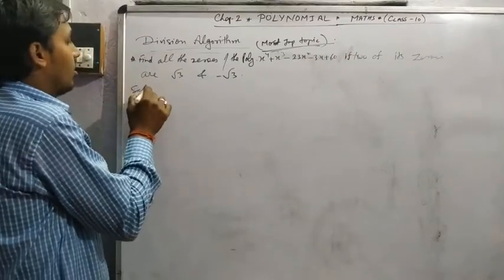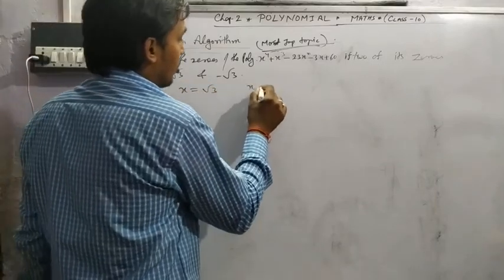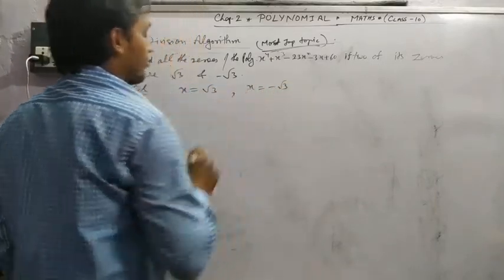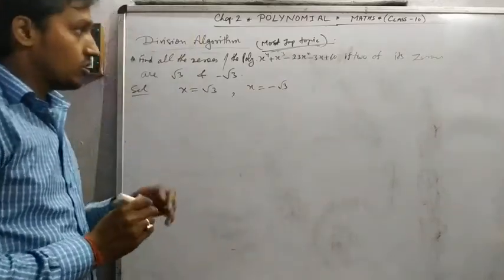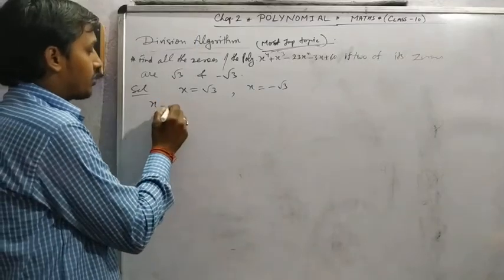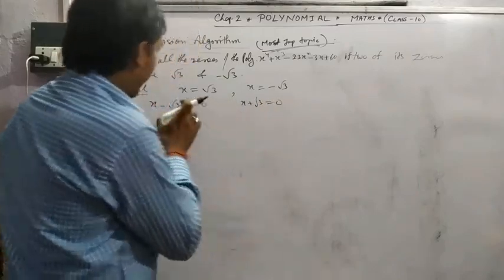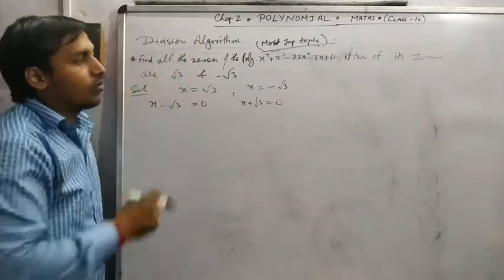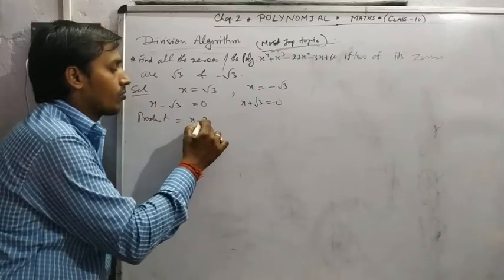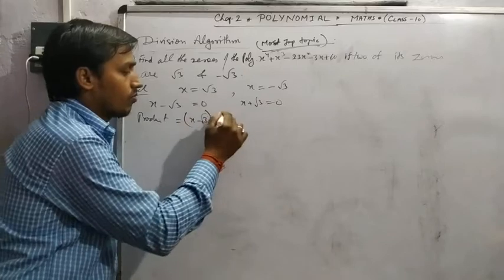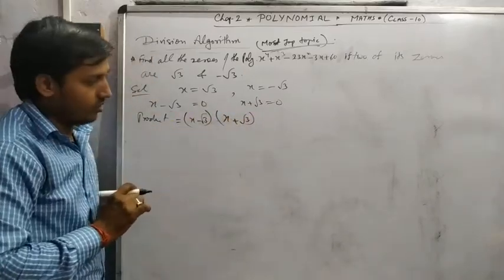Let's see. Two zeros are given, that means two values of x are given. Both are values of x because both are factors. So we can make the factors x minus root 3 and x plus root 3. If these two are factors of the given polynomial, the product of these is also a factor.